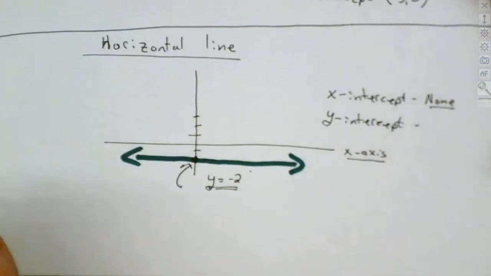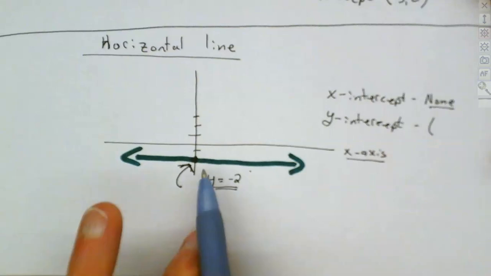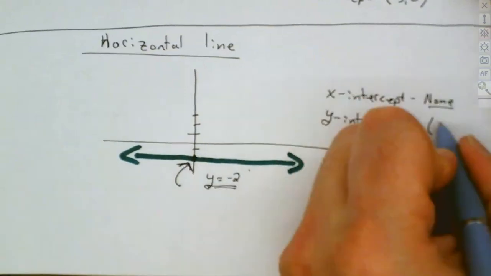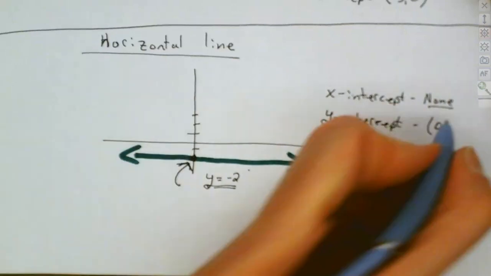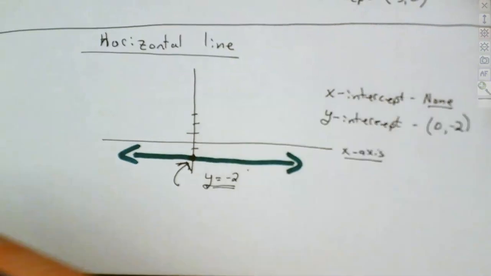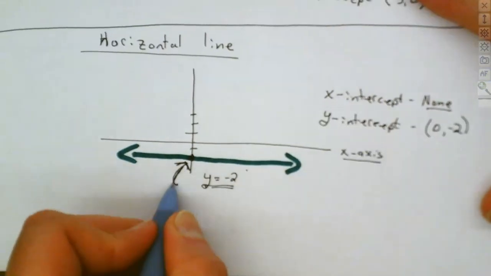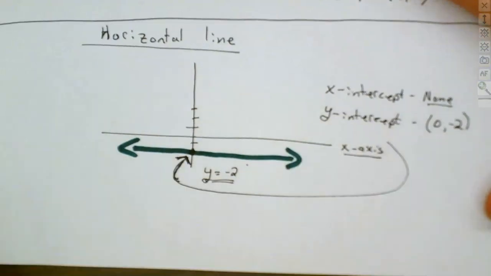And what would it be as an ordered pair? Well, as an ordered pair, remember, x always goes first, so you're not going left or right any. So that's at 0. And how many units down is this horizontal line? -2. So my y-intercept, that's your y-intercept right here, would be 0, -2.